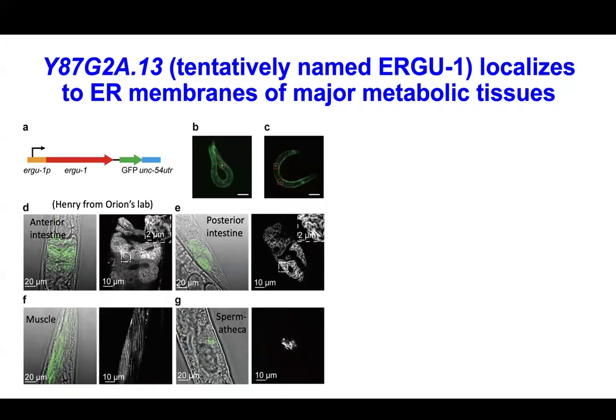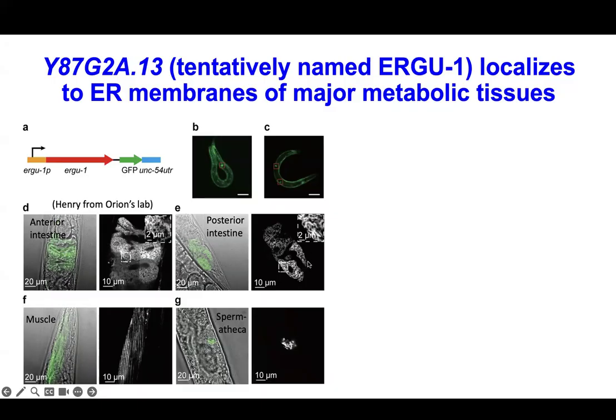And so in a zoom in view, you can see the anterior intestine. Just in the anterior intestine, the GFP signal is very strong and has this characteristic structure for endoplasmic reticulum, and also similarly for posterior intestine, you see this reticulum structure.